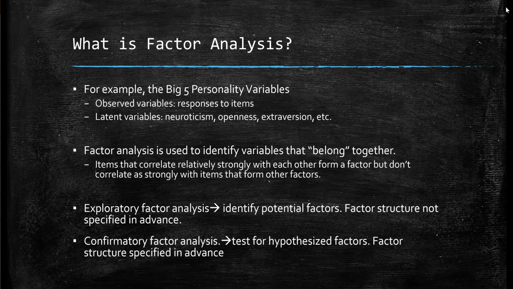So, what do I mean by factors or dimensions? You've likely encountered at some point the big five personality variables. That's an example of a set of factors that were derived, at least in part, through factor analytic procedures.